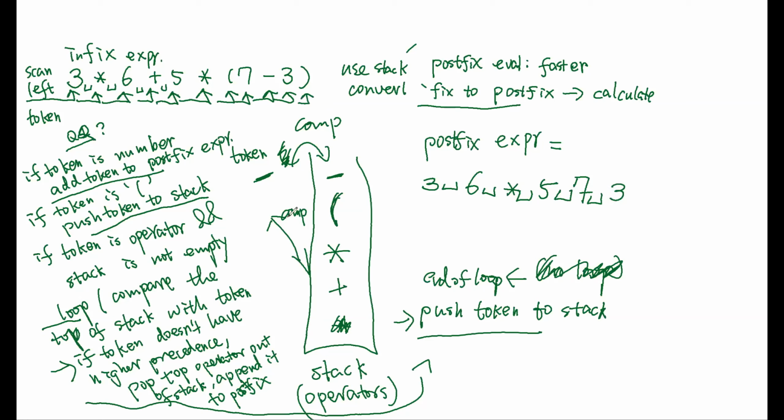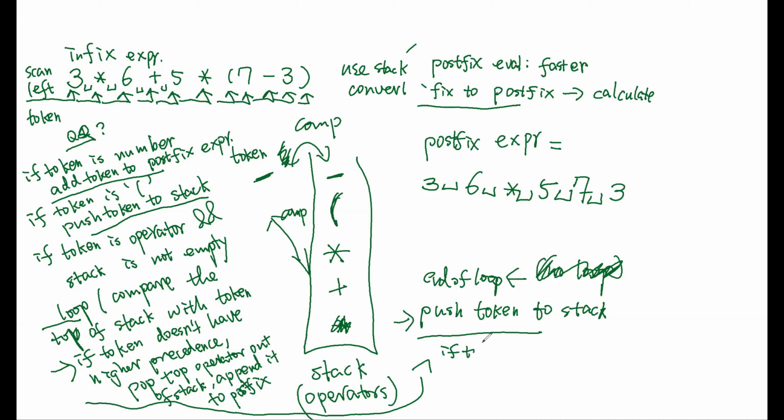Next token is a right parenthesis. So if token is a right parenthesis, what should we do? I will write it here for the algorithm.